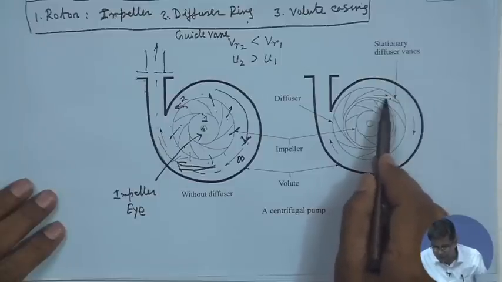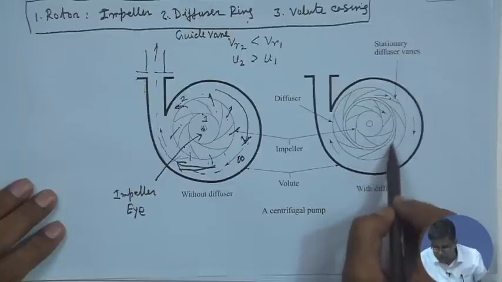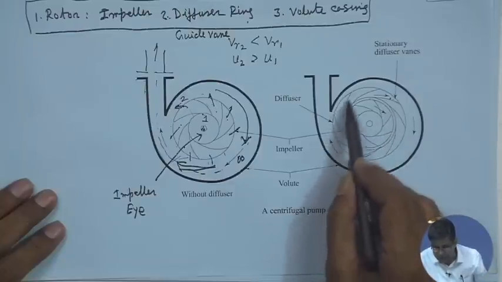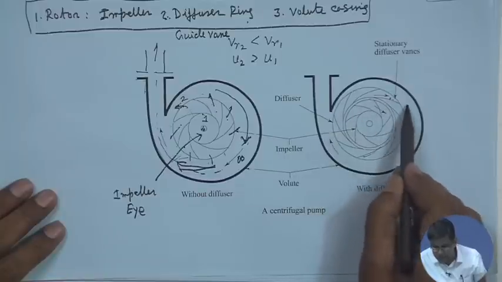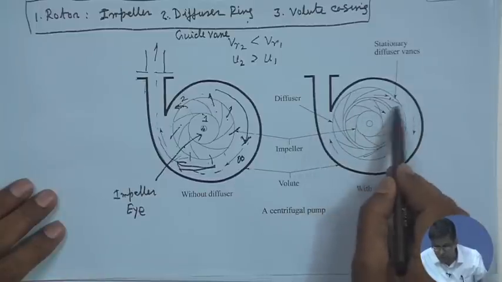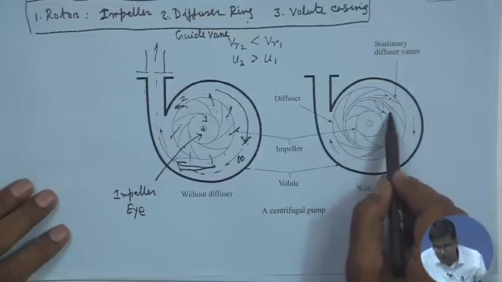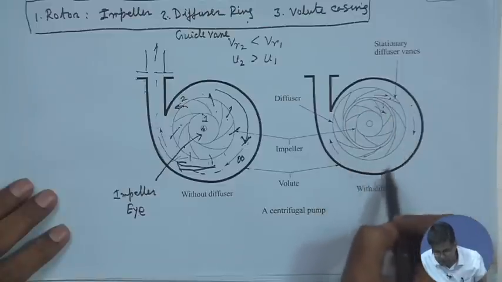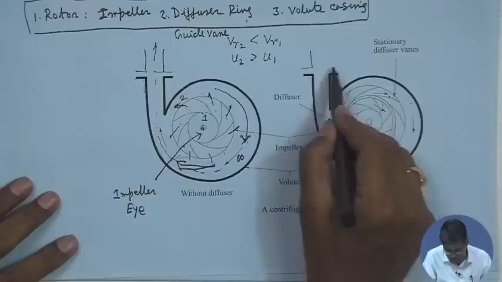After this there is a volute casing. That means both the static vanes, the guide vanes attached to the guide vane rings, and also the volute casing convert the kinetic energy of the fluid coming out from the impeller blade passages into static pressure or static head, and this is finally the outlet.